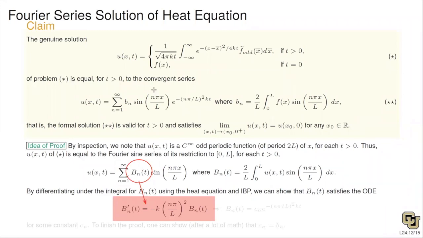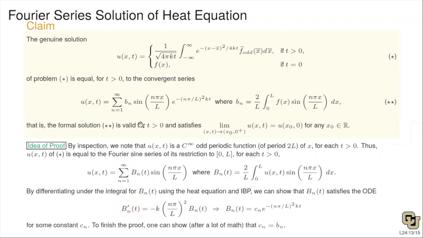And then we can show the solution to the differential equation. And this is where we get the exponential term. One question is, okay, where does the exponential come from? In solving this differential equation, we get this form with the exponential term, where c sub n is some constant. And then with a little more work, we can finally show that that constant is equal to the Fourier coefficient.